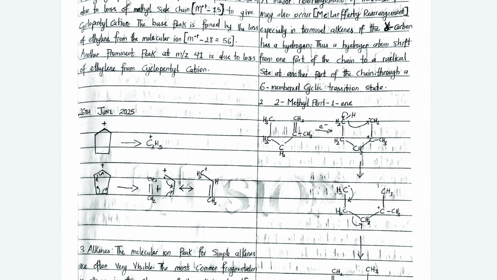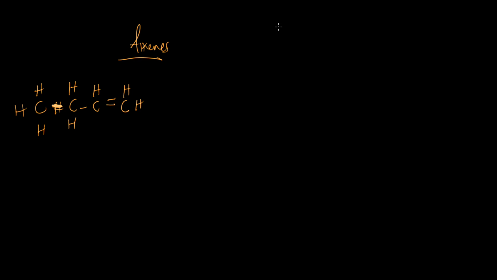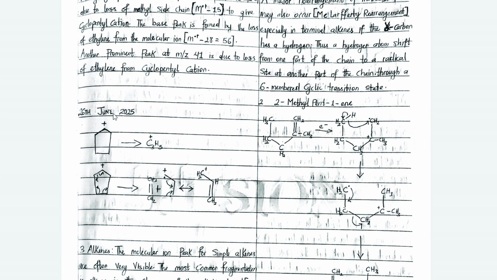So another fragmentation that can occur in alkane is the McLafferty rearrangement. So let's say we have this here. Let's talk about the McLafferty rearrangement. So basically, for McLafferty to occur, there must be gamma hydrogen, and I'm going to explain that. Normally we have this is an alkane, right? Let's look at this structure here.